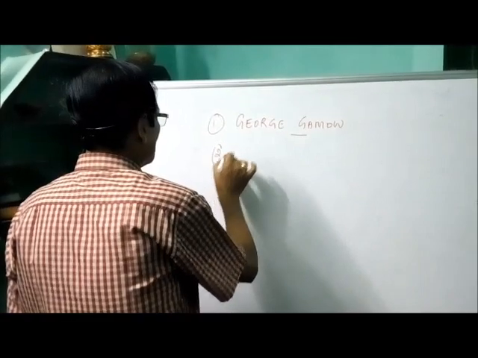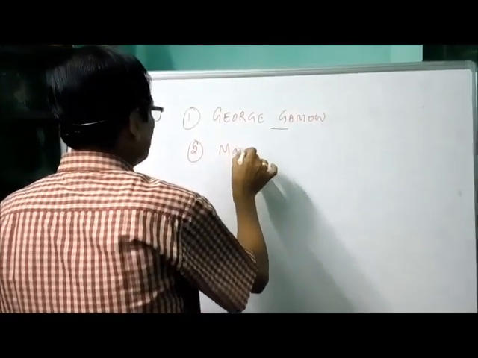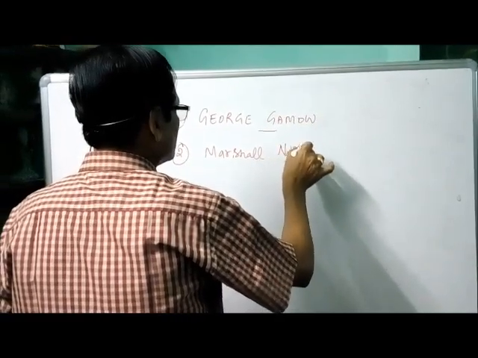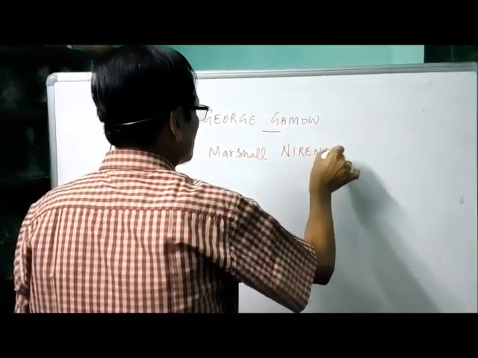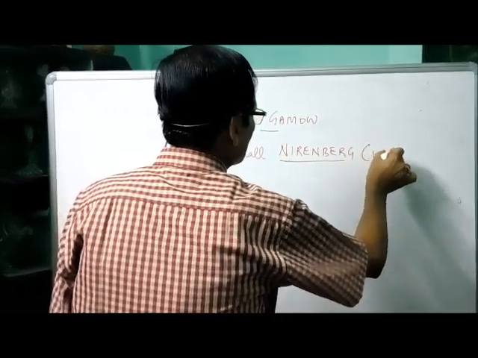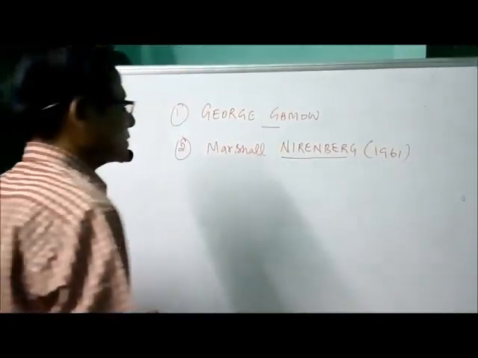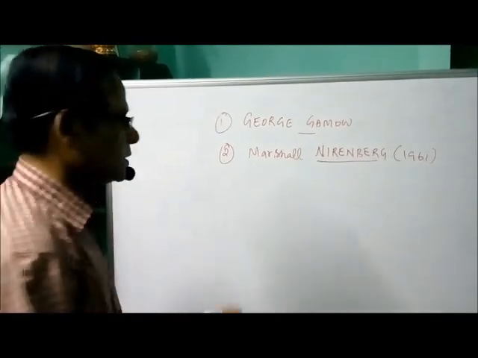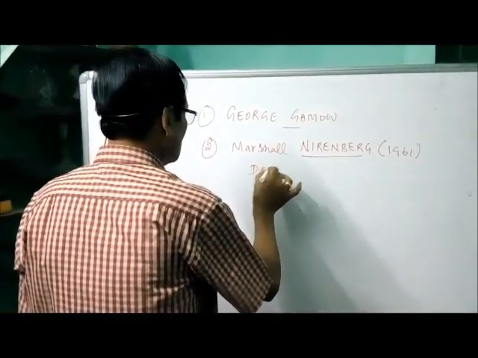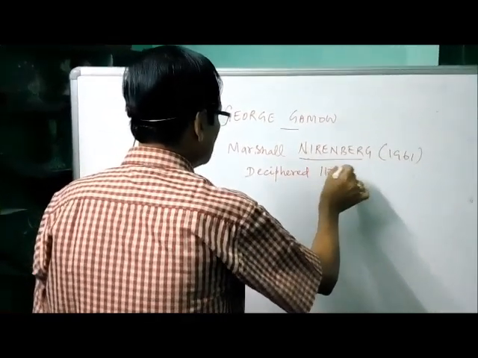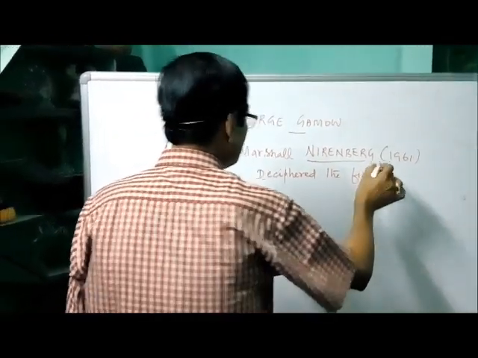Number 2, Marshall Nirenberg, 1961. He was the man who deciphered the first genetic code.